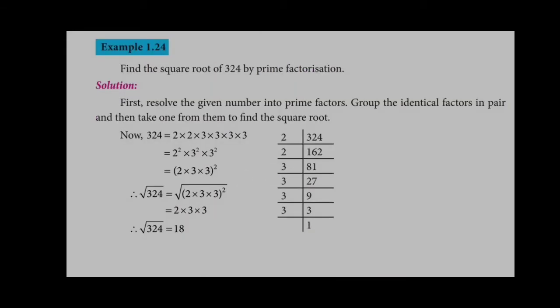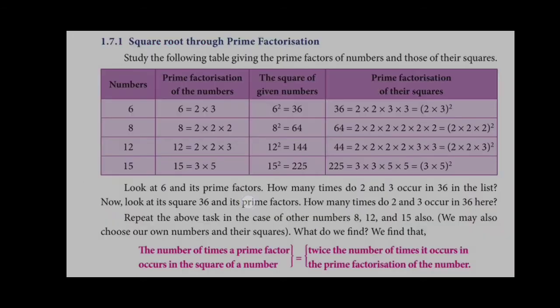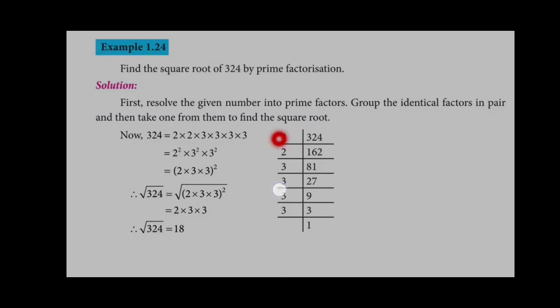Let us see the example sum: find the square root of 324 by the prime factorization method. Prime factorization means using prime numbers we need to factorize, using the LCM method, which we have already learned. Listen here, 324 is there.